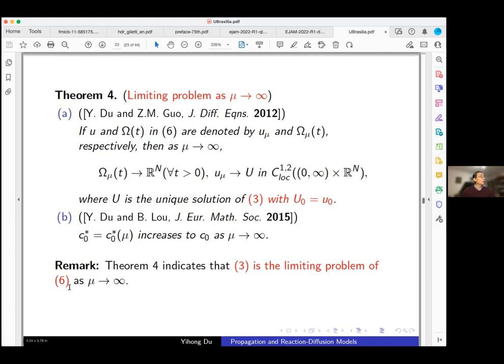Remember, we can derive 6 from the biological assumption that near the spreading front, there's a population loss. Now, if the population loss goes to 0, so mu goes to infinity, then the model converges to the classical model. Basically, in the classical model, you don't assume any population loss when the population spreads.